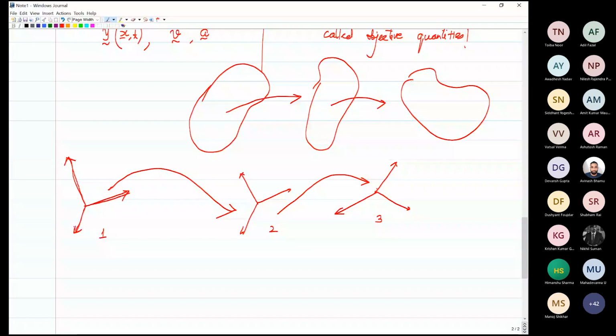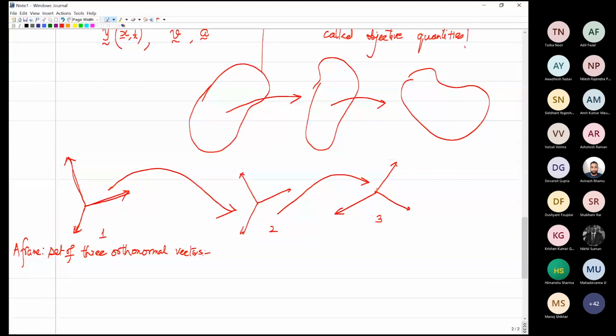If you think of a frame denoted by a set of three orthonormal vectors, then here you have one set, here another set, and here another set.